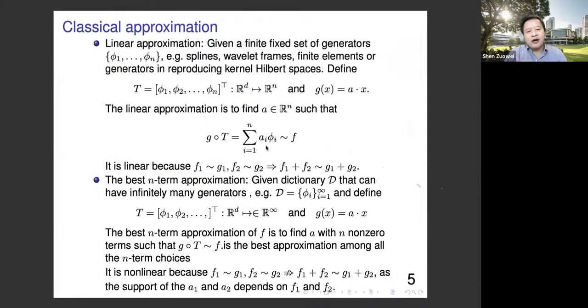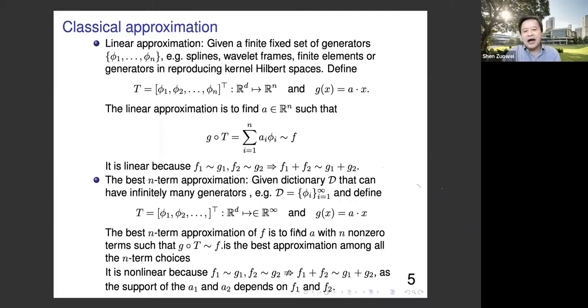Another approximation, also called classical approximation, is n-term approximation. Instead, we have a fixed n and a bigger dictionary. The dictionary is huge, but you are still linear, and the number of non-zero coefficients in your sequence A is fixed at n. So from a dictionary, you pick n basis terms out.